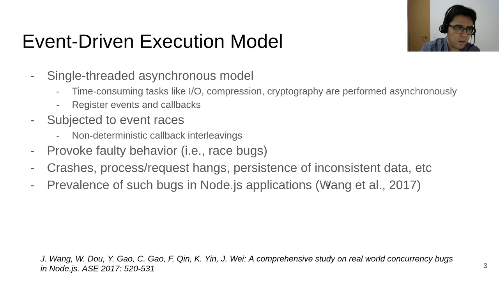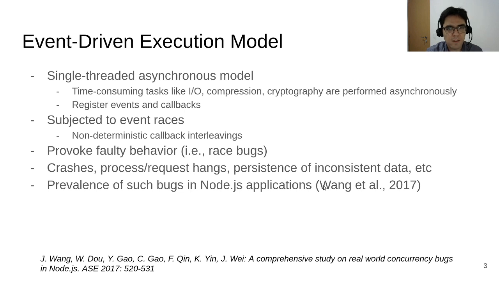Node adopts a single-thread asynchronous model in which time-consuming tasks like I/O, compression, and cryptography are performed asynchronously. So you register an event for these time-consuming tasks and an associated callback. Even though it's a single-thread model, Node applications are subject to event races, and these races are caused by non-deterministic callback interleavings.